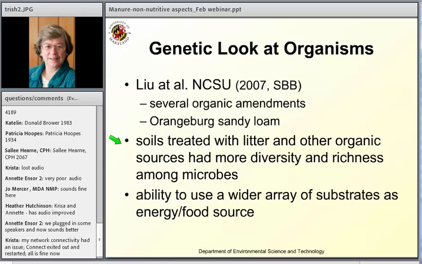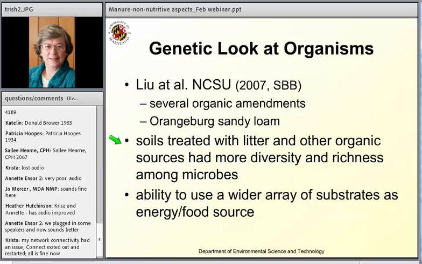What this essentially means is that there's a far greater array of types of organisms as well as a larger number of those organisms. So there are different genes representing different organisms, and there's also higher levels of genetic expression, or a greater number of each of those genes.